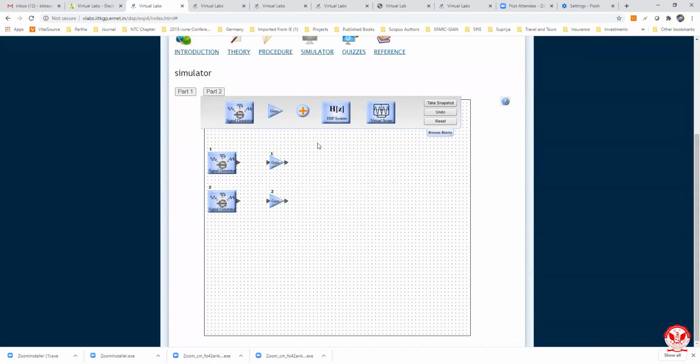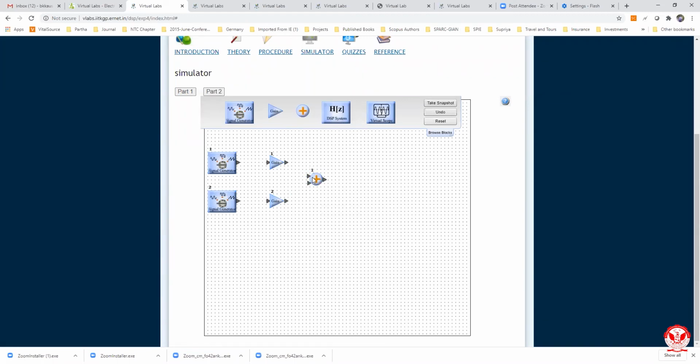Now we have selected the first signal as a sinusoidal signal, let it be X1. Next we have selected a square signal, let it be X2. Now this signal is passing through the gain, let's say alpha, and the second one passing through the gain, let it be beta. So after this we add all 3 signals here.